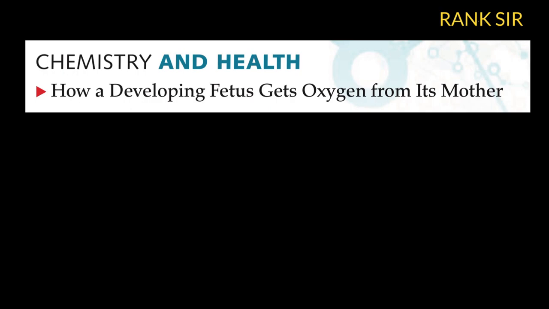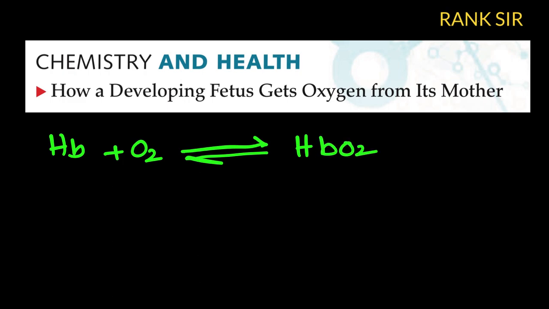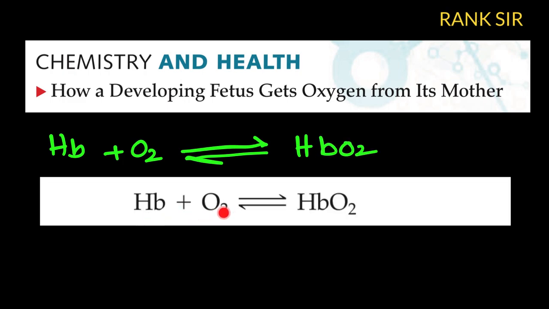Hemoglobin, generally represented as Hb, reacts with oxygen and converts into HbO2. So hemoglobin and oxygen combine to form oxyhemoglobin. This is a forward reaction and this is a backward reaction.